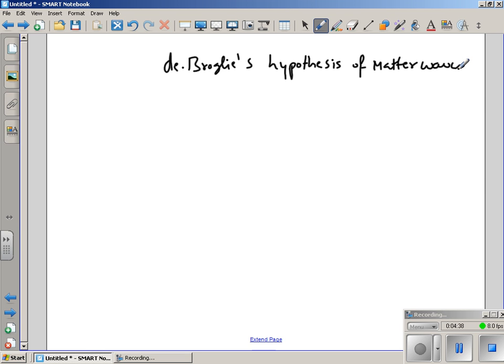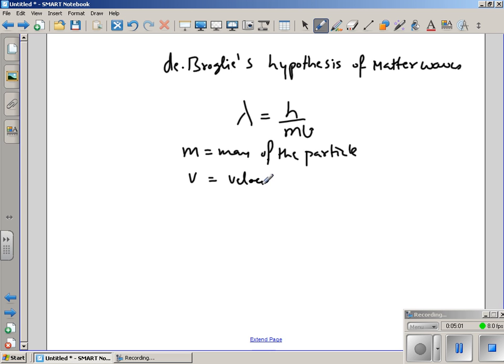The wavelength of this matter wave is given by him as lambda equals h by mv, where m is the mass of the particle and v is the velocity with which it is moving. p is the momentum, which is equal to mv.